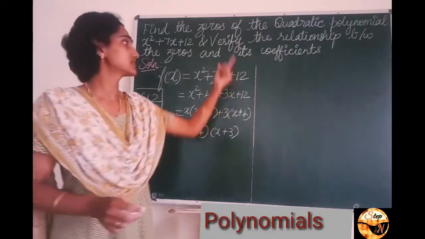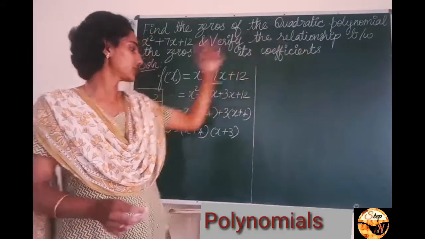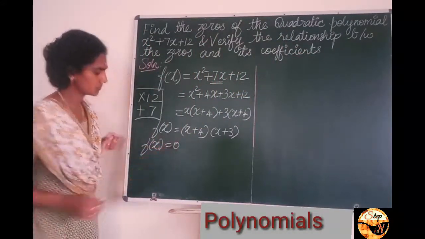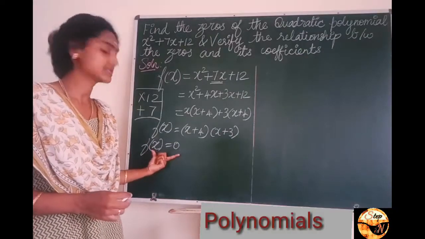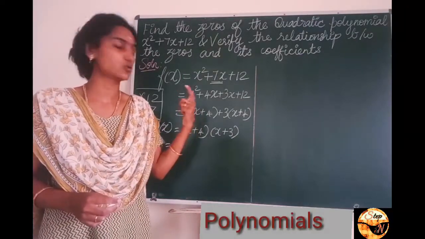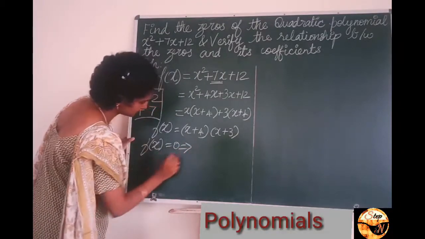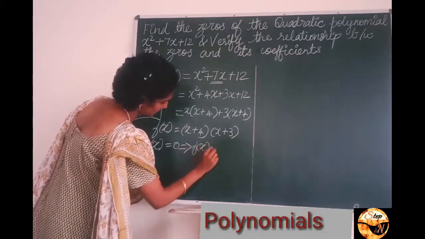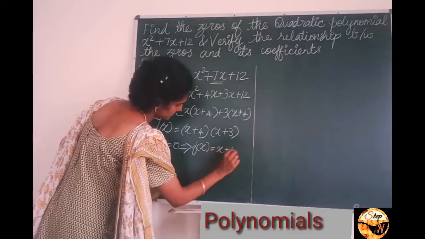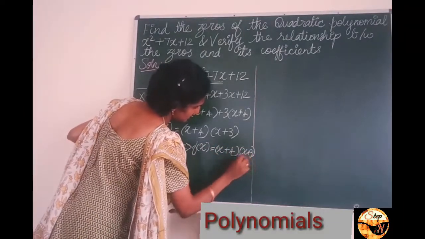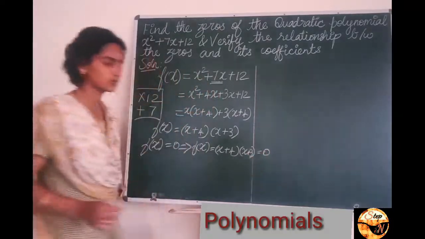So to find the zeros of a quadratic polynomial, we should write it like this. That is, f of x will be equal to 0. So f of x is equal to x plus 4 into x plus 3, which will be equal to 0.